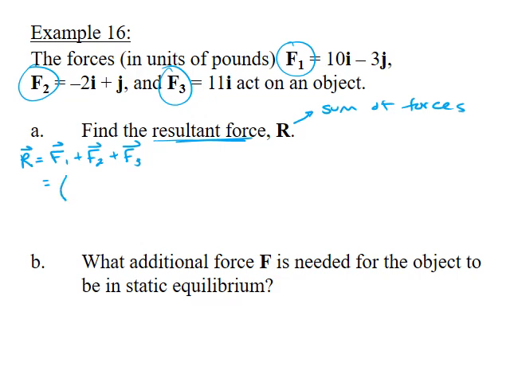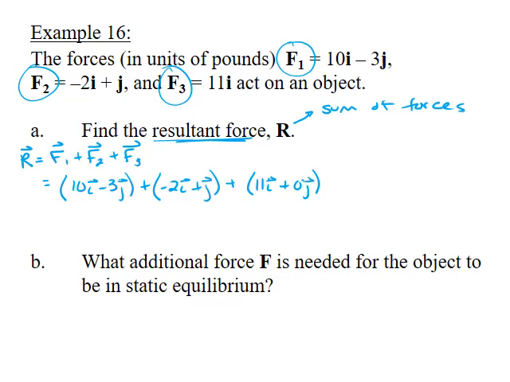So F1 is 10i minus 3j plus negative 2i plus j plus 11i. If you want to say plus 0j, you certainly can. And these should probably be written as vectors.